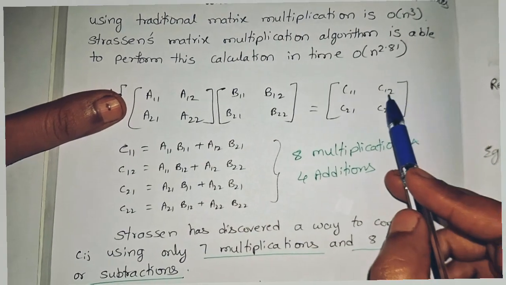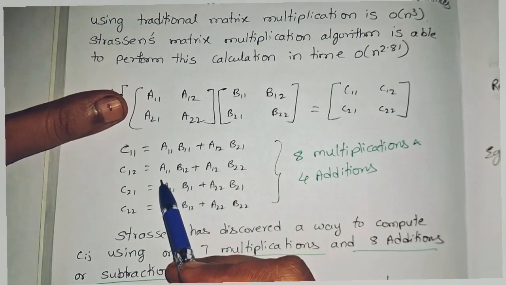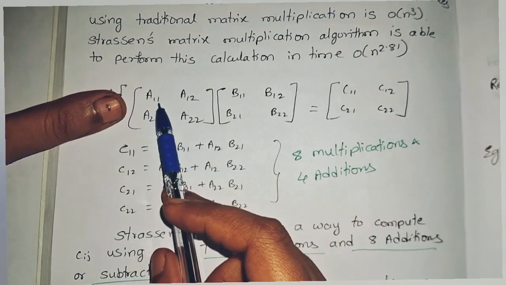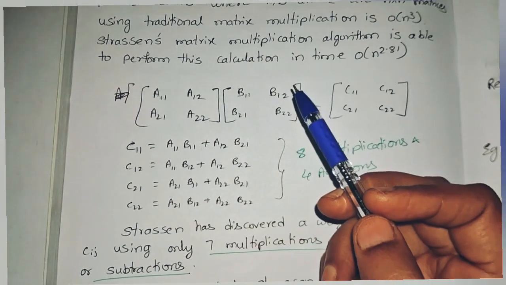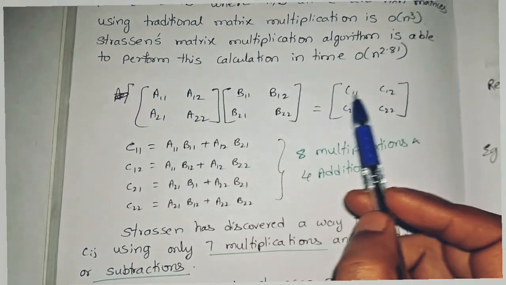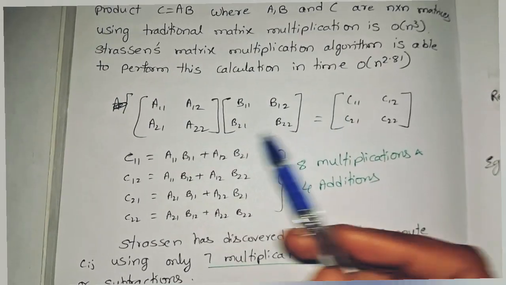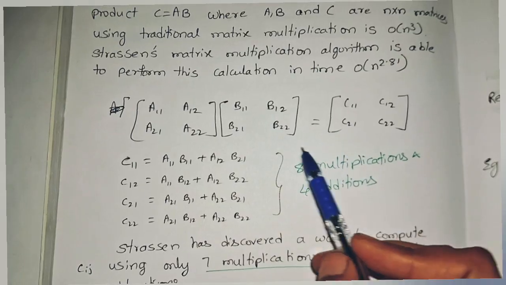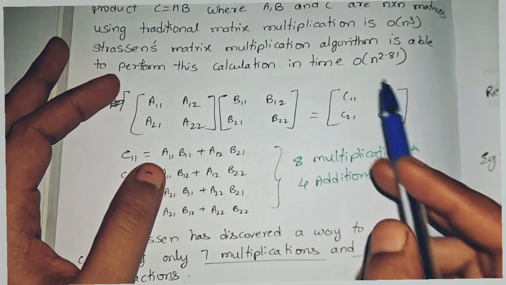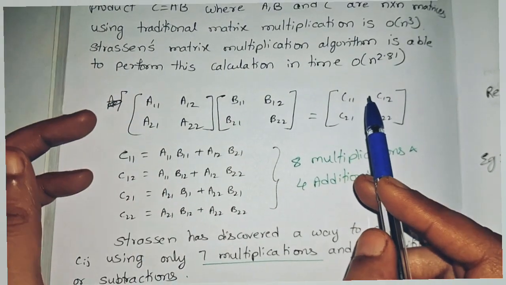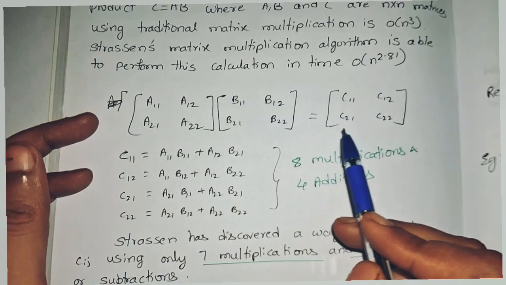Similarly for the C12 element, we have to perform A11 into B12 and A12 into B22, right? So in the same way we have to find the product of all the elements here. For each element we take two multiplications and one addition.